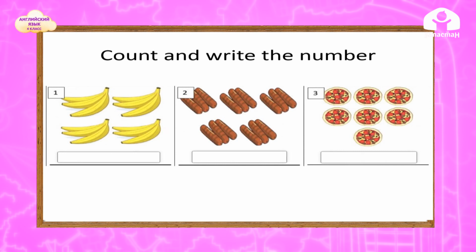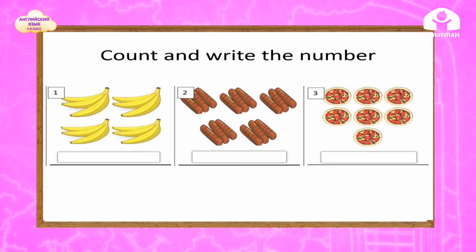There are 12 bananas. Let's spell it. 12. T W E L V E. Okay, what about number 2? What is it? It's a sausage. How many sausages do you see?